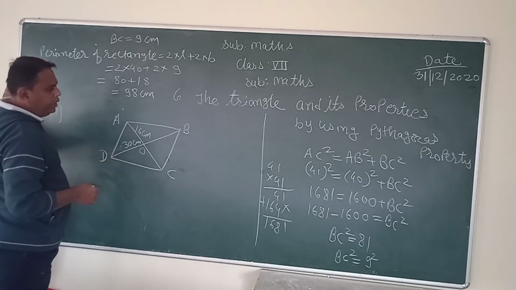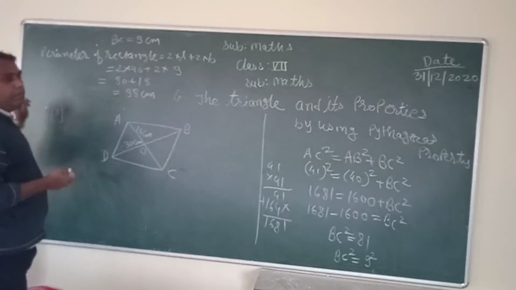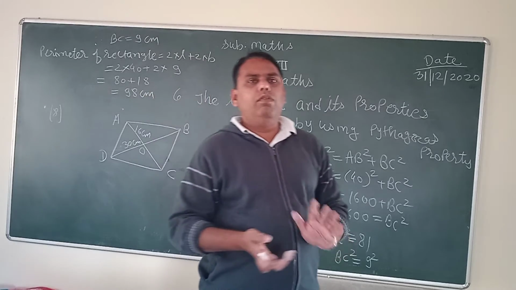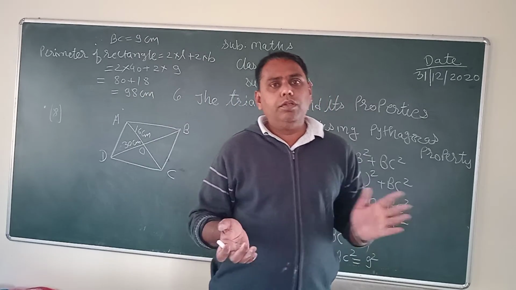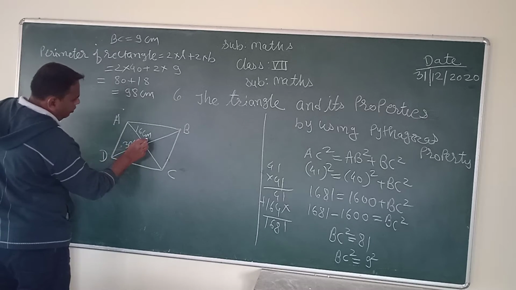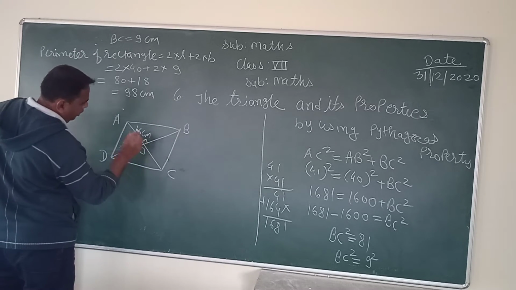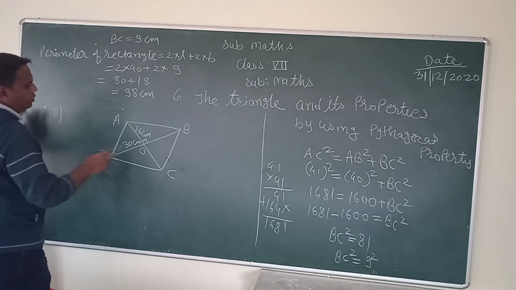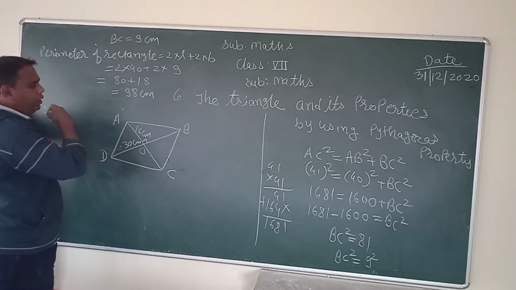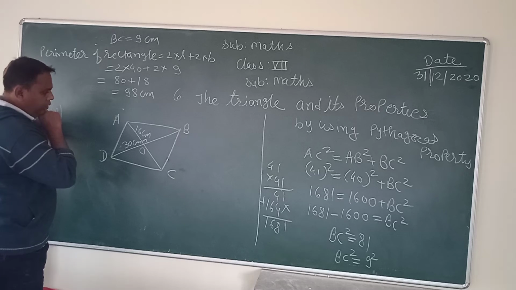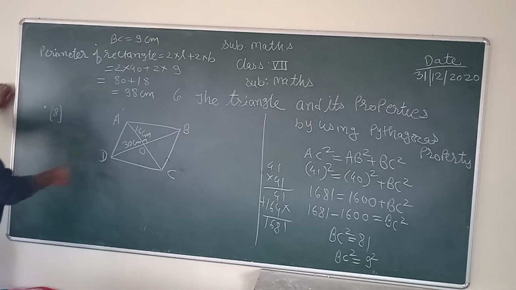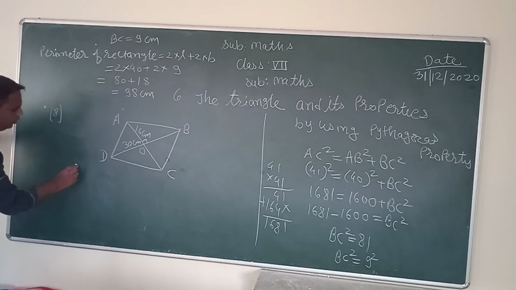We use here the property, students, property of rhombus. Rhombus की property क्या है और वो भी diagonal पे लिखी. Diagonals perpendicular to each other. Diagonals bisect each other. We draw here symbol this time. This symbol is perpendicular. इससे पता चलता है कि AC is perpendicular to BD और ये diagonal bisect भी हो रहे हैं. So we write here first this property.